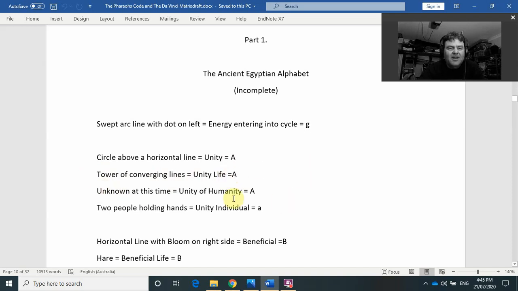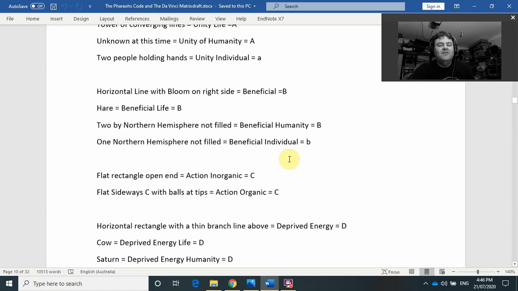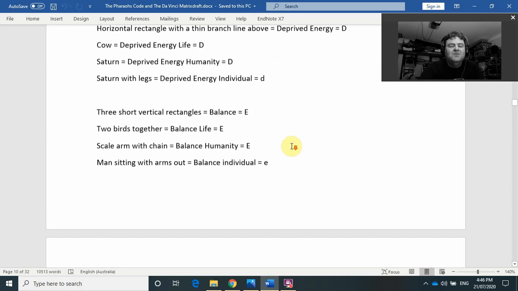And then a third casing, which represents the concept as it applied to humanity, so the unity of humanity. And of course, the final and lowest case is those groups of symbols which relate to the concept applied to an individual.